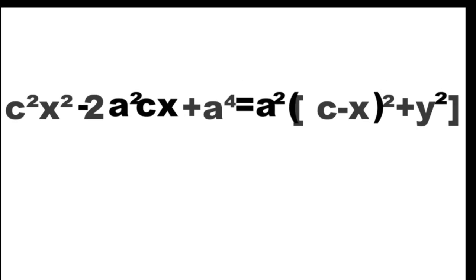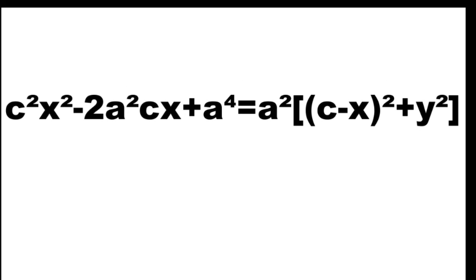Use binomial square on the left and remove the radical sign on the right. Use binomial square on quantity c minus x squared. And using the distributive property on the right side, we get a squared c squared minus 2a squared cx plus a squared x squared plus a squared y squared. Combine like terms. So cancel 2a squared cx as 0.